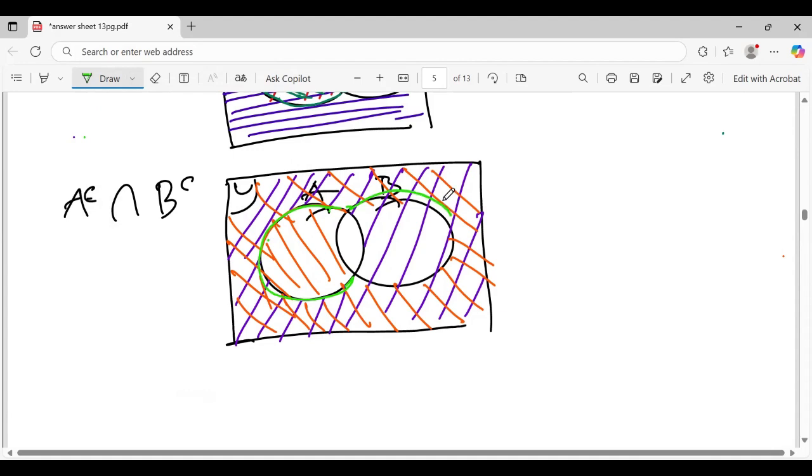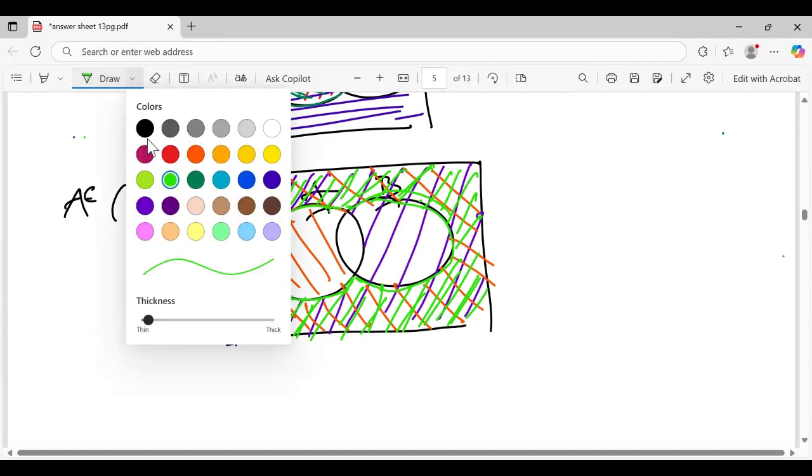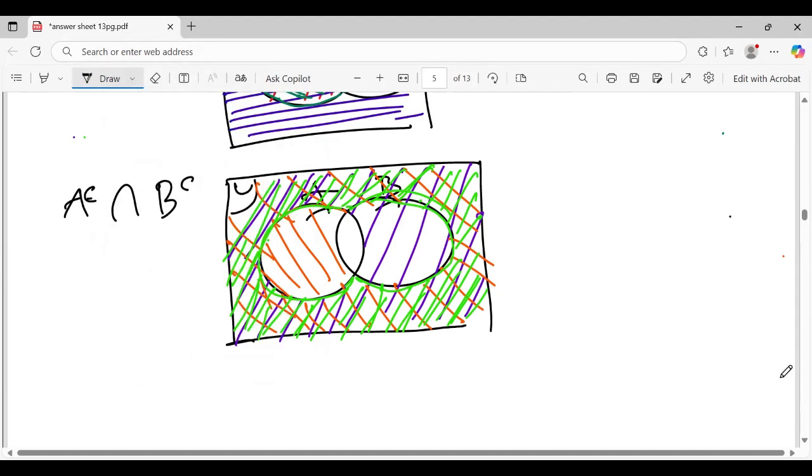Sorry, this area. Okay, so this area, look, the double shading area is the area of A complement intersection with B complement.